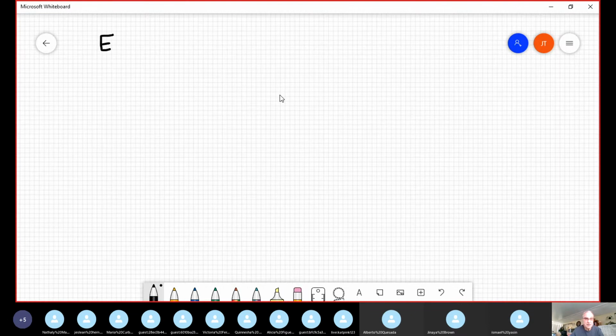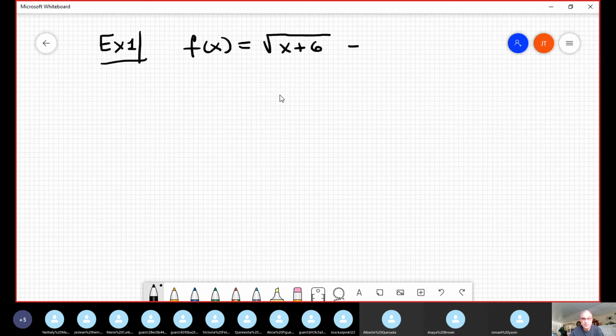Let me start with an elementary example: graph using transformations this function, f of x equals square root of x plus 6, minus 5. The minus 5 is outside the radical.